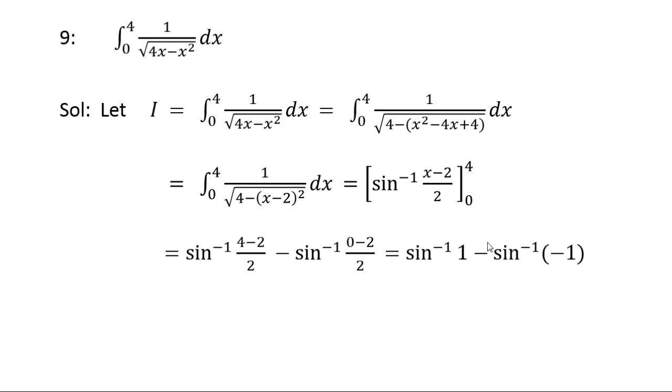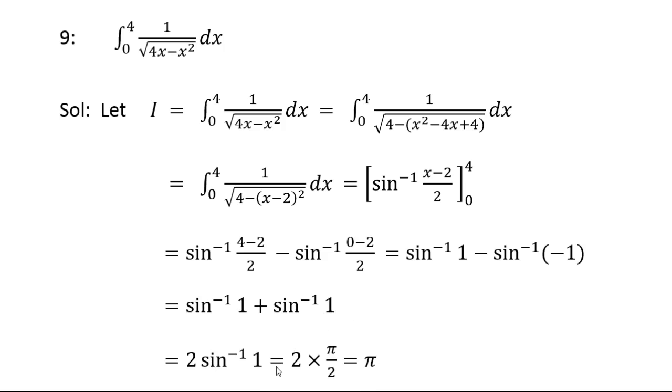Sine inverse of minus x is minus sine inverse x. That sign will come out and it will become sine inverse 1 plus sine inverse 1. Sine inverse 1 is pi by 2. So 2 times pi by 2, that is pi. So integration of this function between limit 0 to 4 comes to be pi.